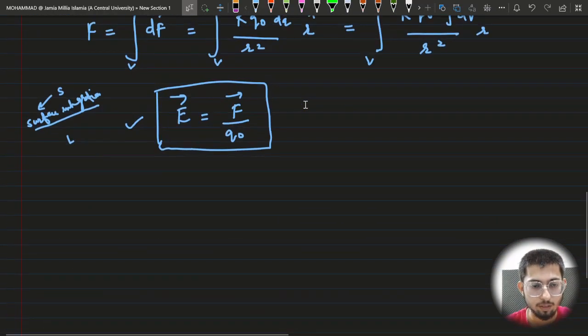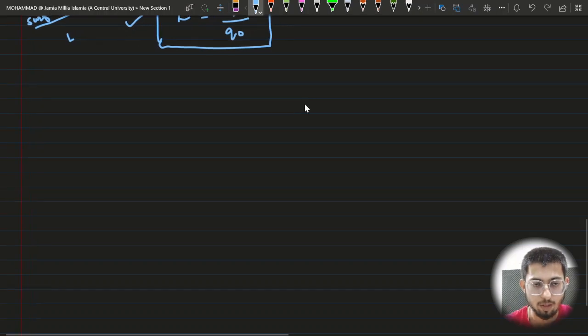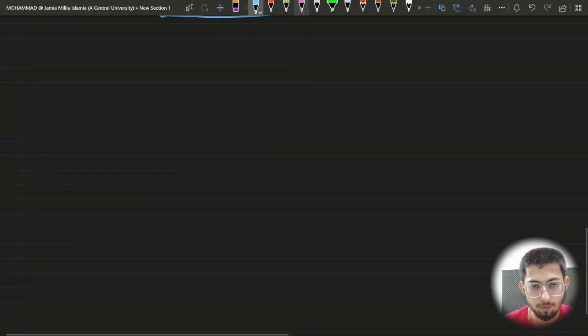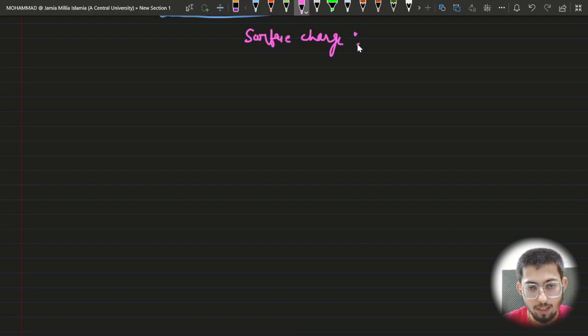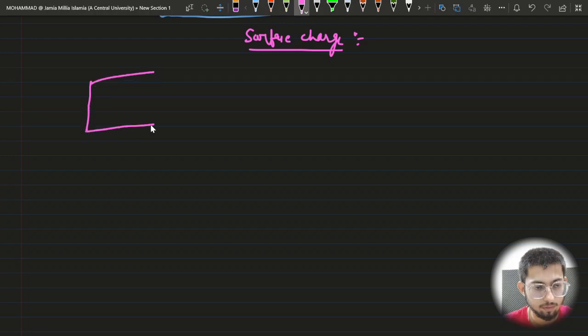In a similar way, we can find the force due to surface charge. Everything else is the same except that we have a surface here. So in this case, we will draw a sheet like this. It does not have a height, right? It is devoid of any height.